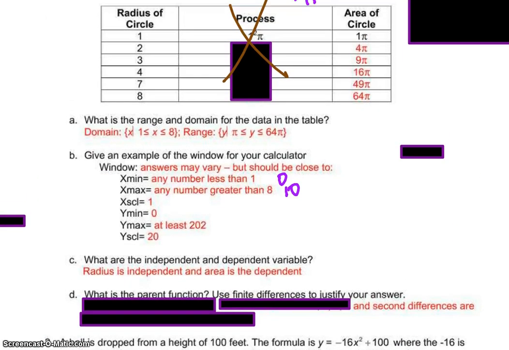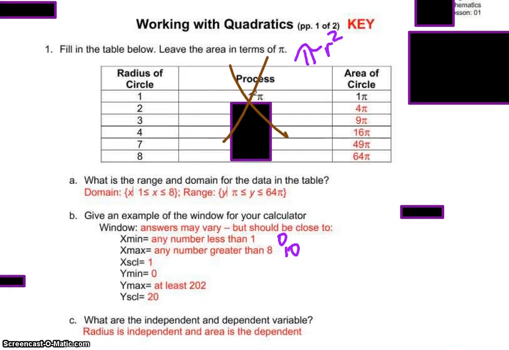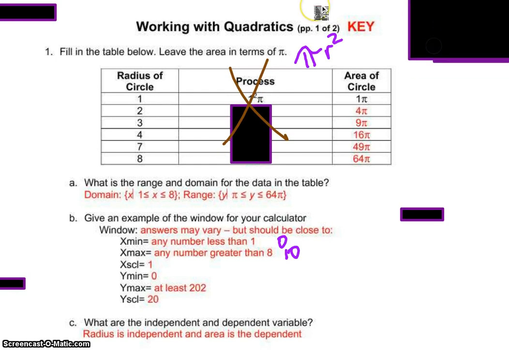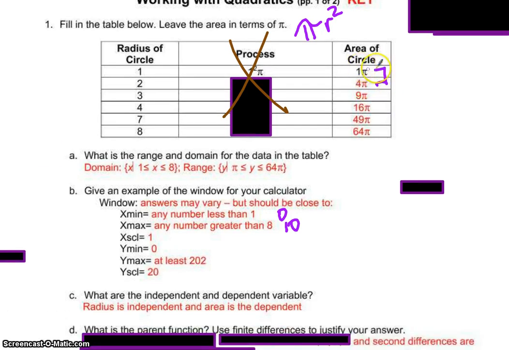So then what is the parent function? Okay, if you look up here, and we did this a little bit yesterday with our dilation, we do our first difference and our second difference. So when you subtract 4 pi minus 1 pi, it's 3 pi. 9 minus 4 is 5 pi. 16 minus 9 is 7 pi.